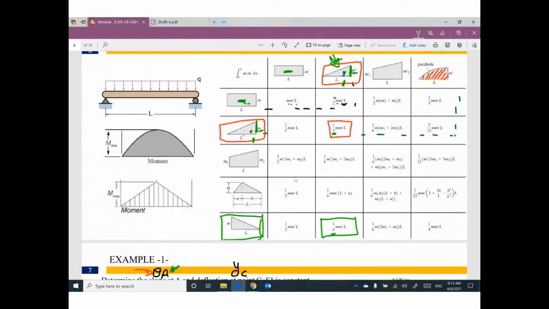So please be careful about the integration of a triangle with another triangle. Make sure which case you are in: this one and this one, or this one and this one.